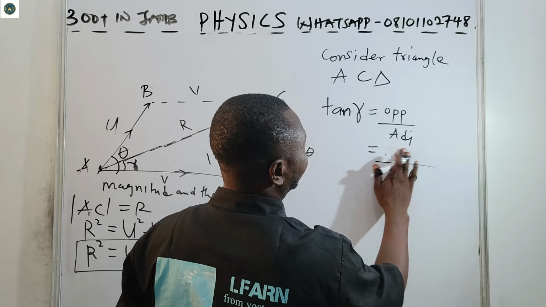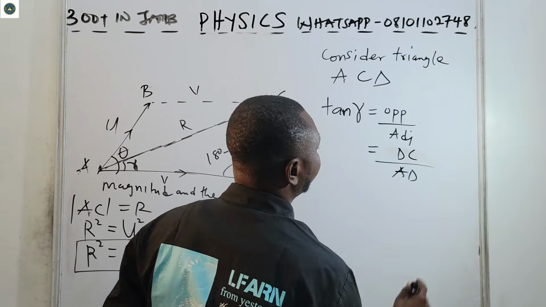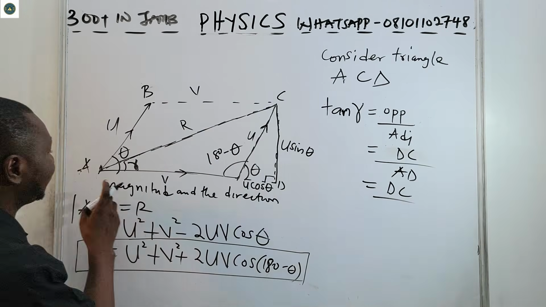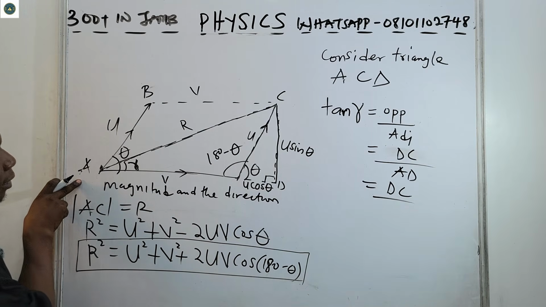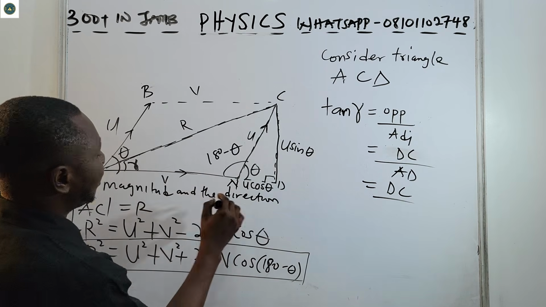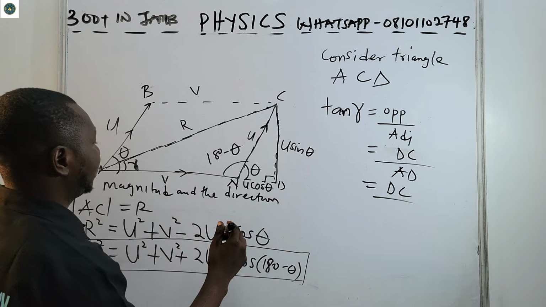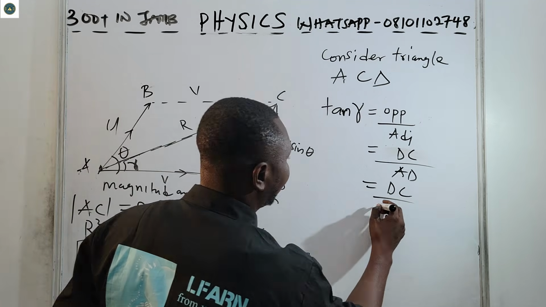So we can say DC over AD. Now, what is AD? Let's say here is N. AD is AN plus ND.